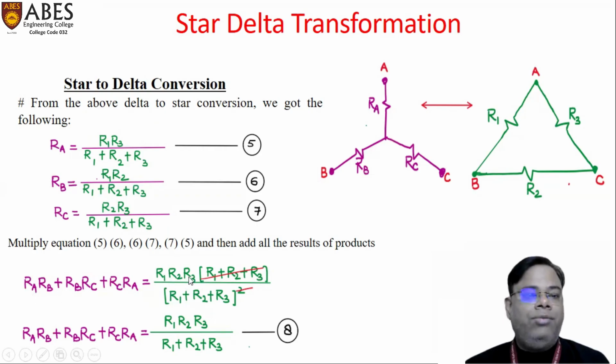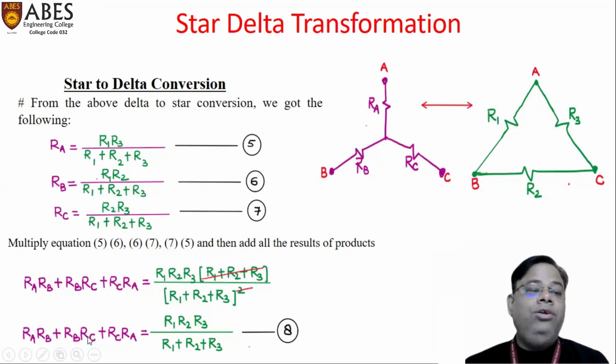It would be equal to R1 R2 R3 in bracket R1 plus R2 plus R3 divided by R1 plus R2 plus R3 whole square. Then the square terms are cancelled, the R1 plus R2 plus R3 from numerator and denominator. Then the final expression would be RA RB plus RB RC plus RC RA is equal to R1 R2 R3 divided by R1 plus R2 plus R3. This is our equation number 8.